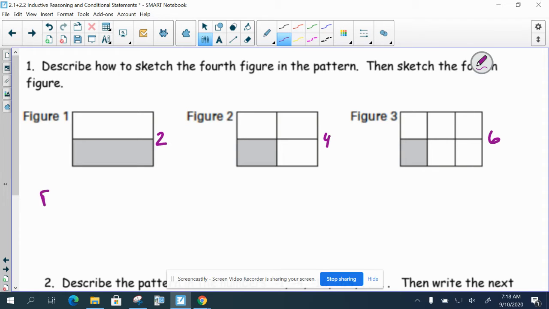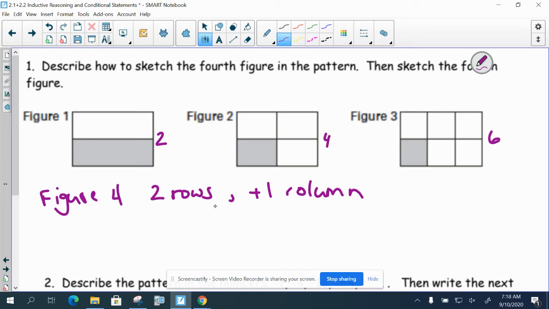So in figure 4, guess how many parts we're going to have? This would be 8 parts. So notice that each of these has 2 rows. And then each time you just add a column. So plus 1 column. So here we just have 1 column, 2 columns, 3 columns in figure 3.